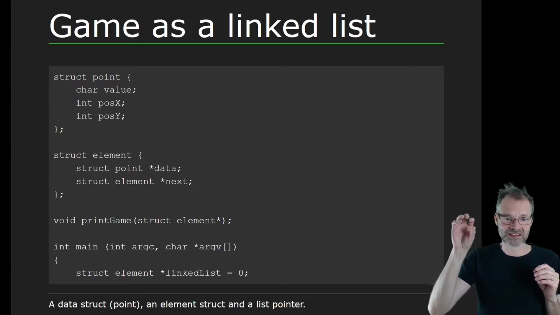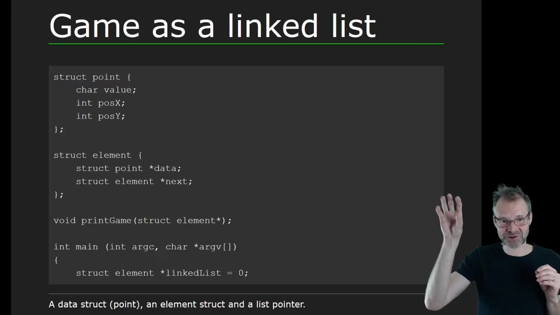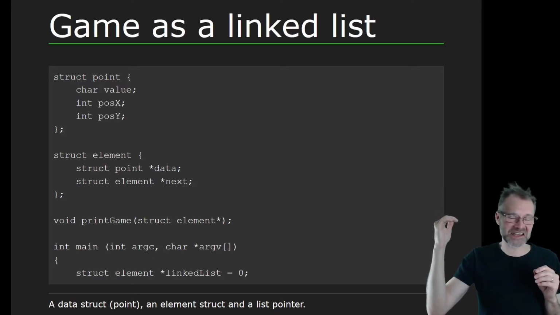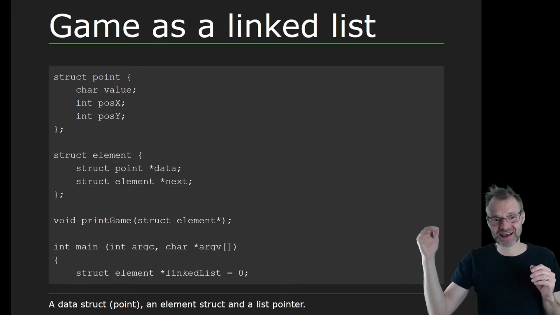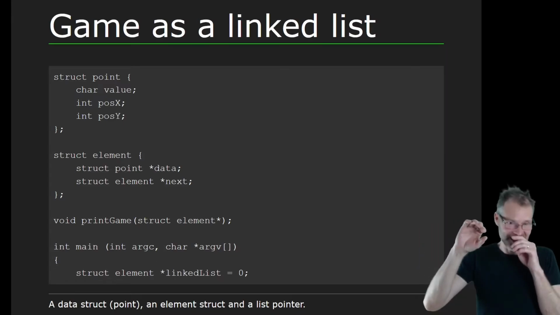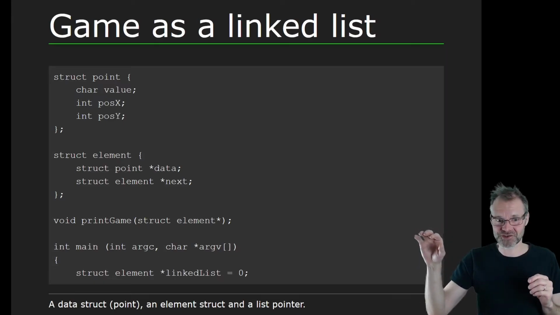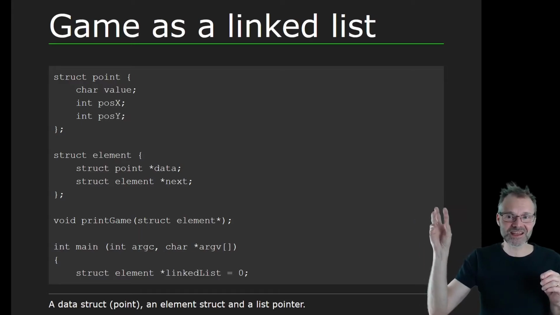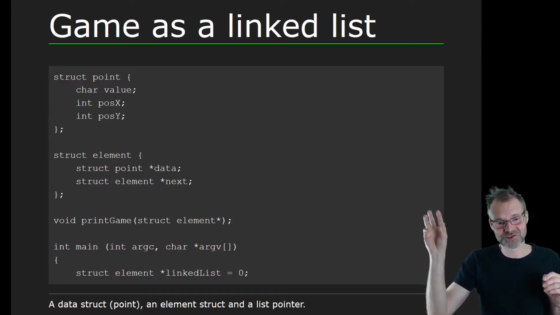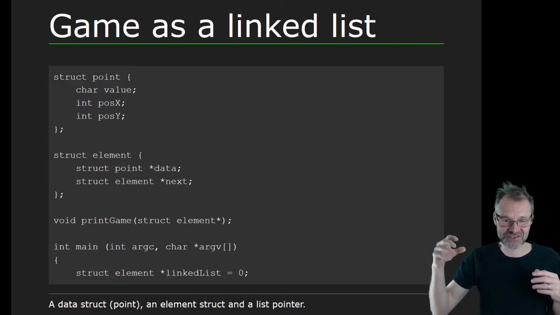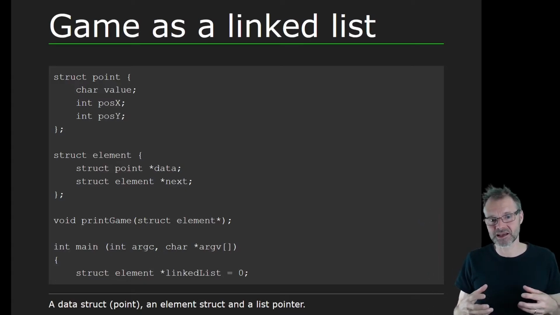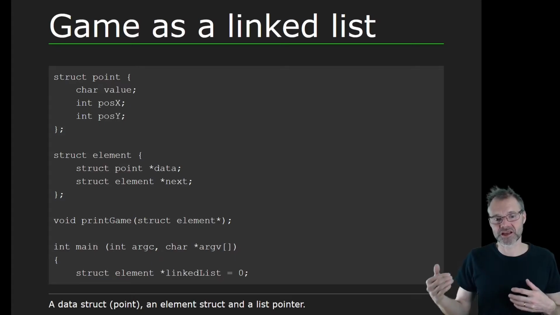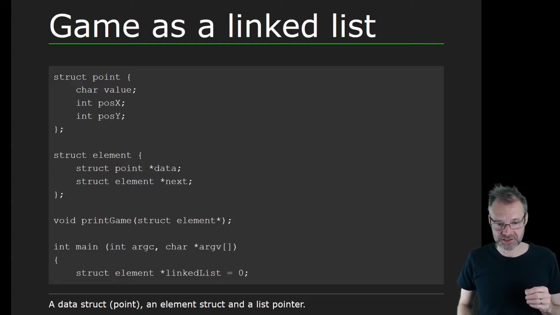In the struct point up there, I could just add a next pointer. So struct point star next. I could add that, and then I could just have a linked list of struct points. But just for the sake of this example, I selected to use the struct element here just to show off a generic way of building a linked list, how it looks like with a next pointer and a data part.